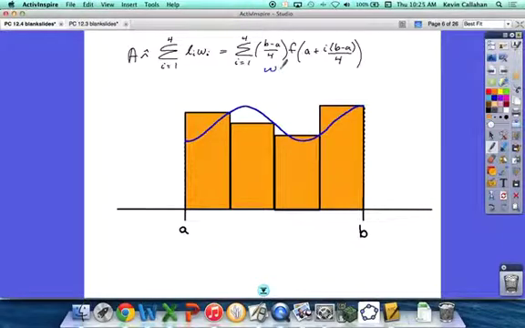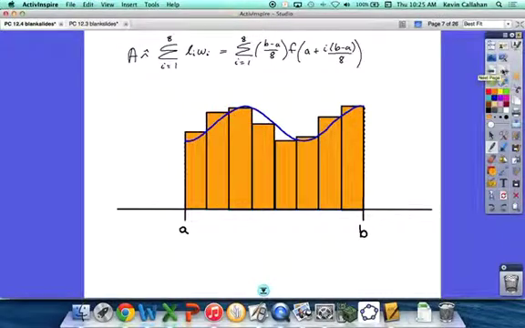This is the height. Actually, the length. But it's the height. Okay, so as I increase, I get a little bit better estimate. What if I go to 8 rectangles? Even better, right? But now my width is b minus a over 8. So now I've got an 8 there, there, and there.